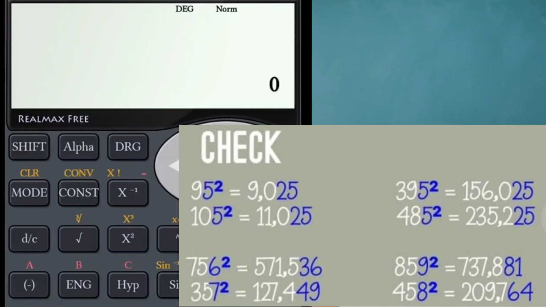And the last example that we have is 458 squared, and that is equal to 209,764, which is also correct. So all of the examples that we solved in the verify conjecture are all correct.